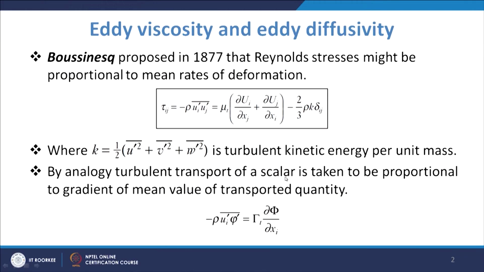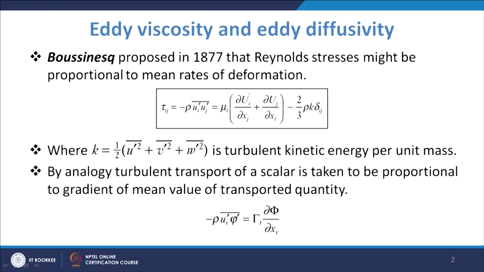So, based on these two findings, it can be said that the Reynolds stress might be proportional to the mean rate of deformation. So, tau ij, that is the mean Reynolds stress, will be minus rho u i prime u j prime averaged.